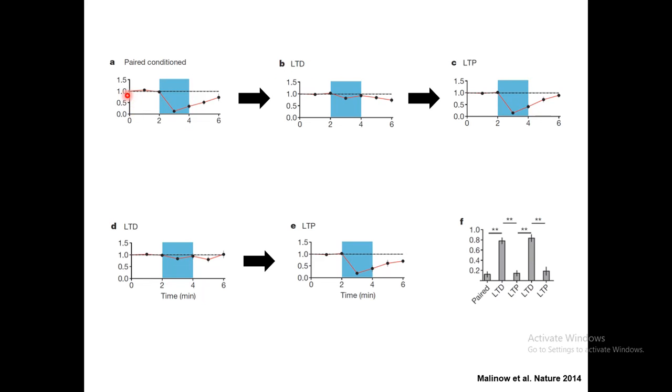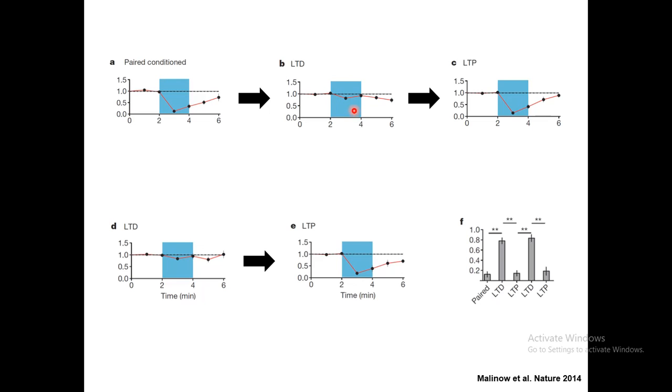When the mouse has a memory of fear, it would freeze, and it won't press a lever which is there in the cabin to deliver food. In normal conditions, whenever it presses a lever, it would get food, but when it is afraid, it won't press the lever. So the number of lever presses is almost zero when it is scared. So this is a readout for its fear memory.